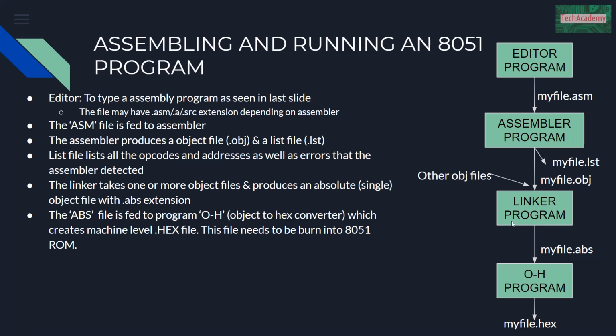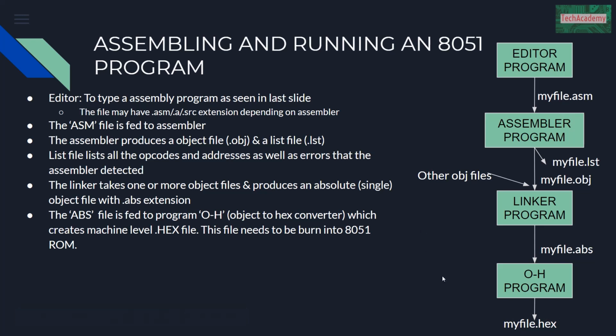This is what the linker does, linking different references from different object files to create a single ABS file, and this ABS file will get converted by the OH program, that is the object to hex converter program, into our final hex file.